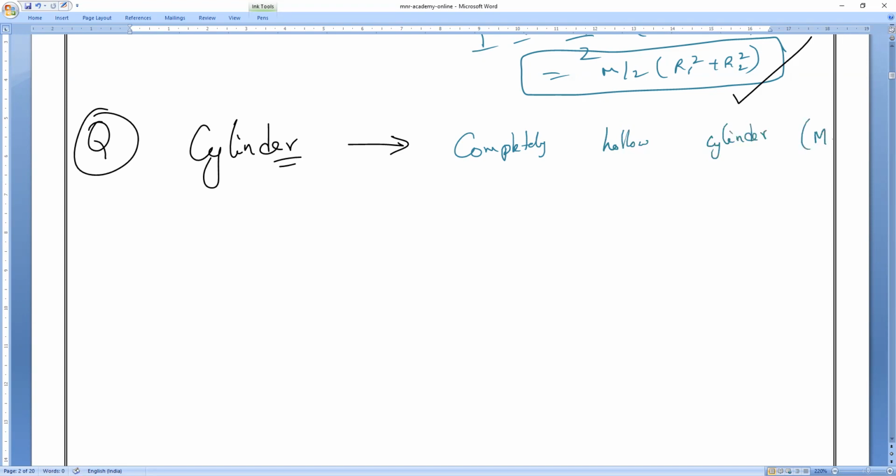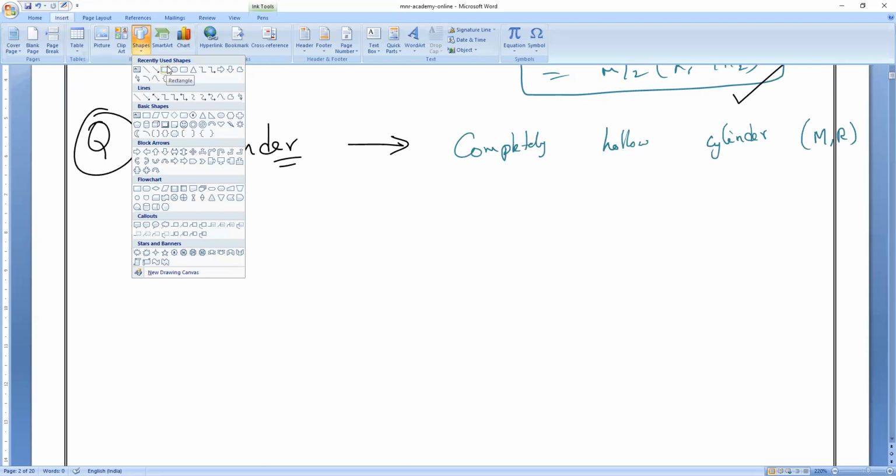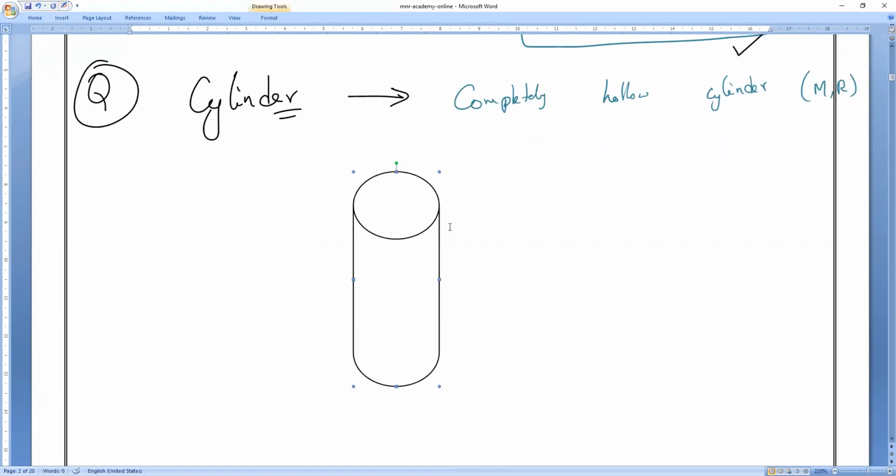So a completely hollow cylinder having mass M and radius R. Inside, is there any mass or not? No, sir. Now I have taken a completely hollow cylinder. Tell me, how does it form?